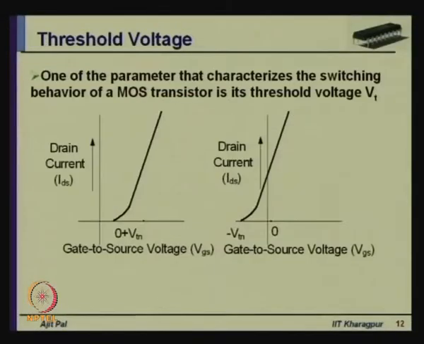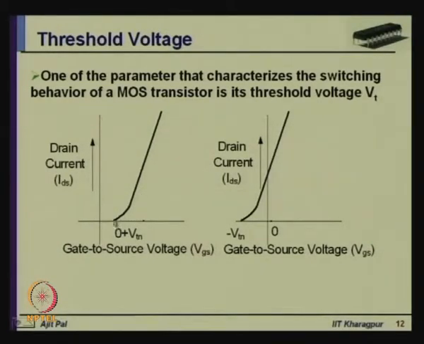Now, let us focus on the threshold voltage. This threshold voltage has been found to be one of the most crucial parameters which controls the operation of a MOS transistor. So, here you can see this corresponds to NMOS enhancement type transistor.